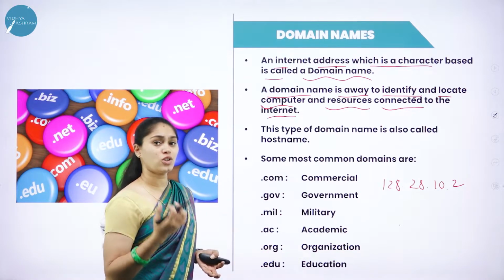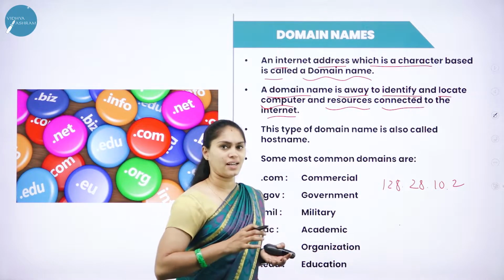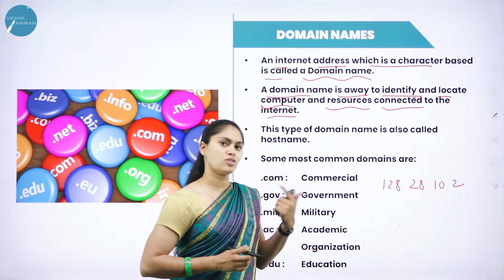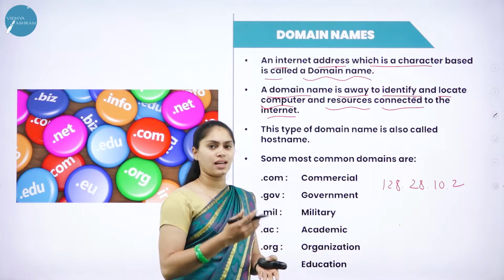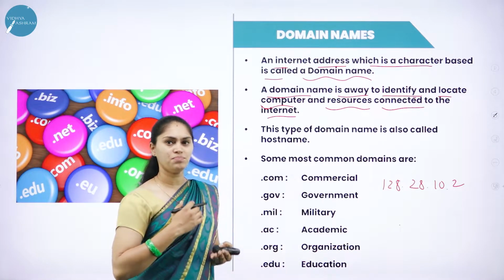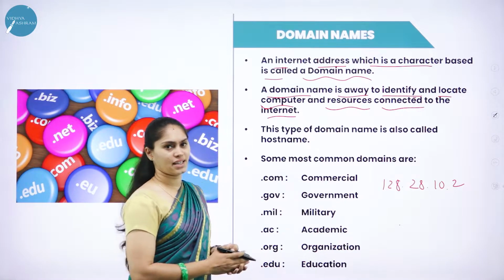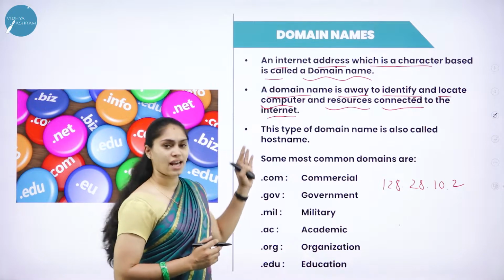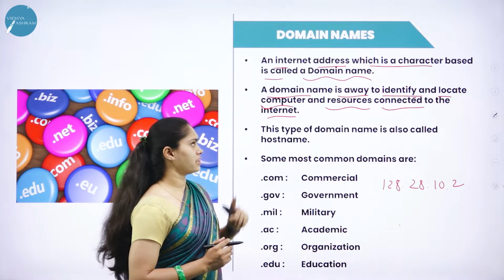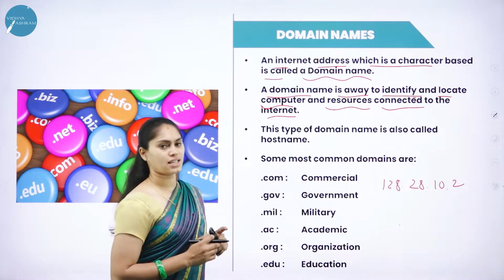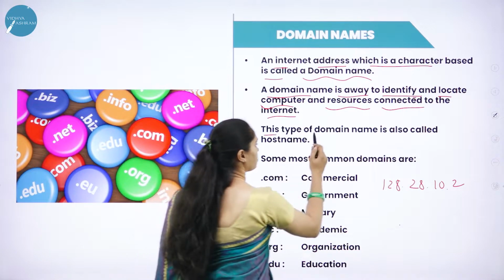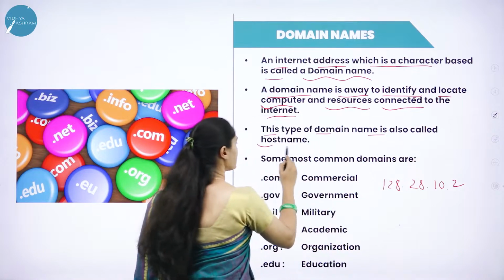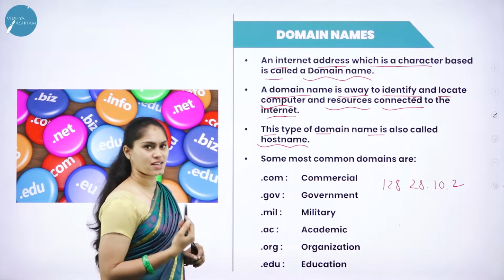So in order to locate the computer and its resources, we can fetch its address with the help of this, and that is based on characters. So that is considered a domain name, and this type of domain name is also called a host name.